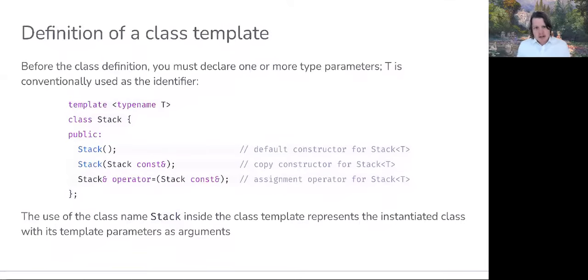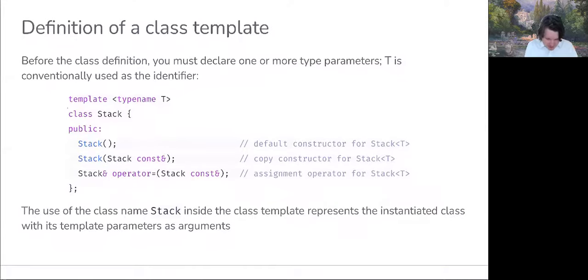So, definition of a class template. Before the class definition, so this is our class definition, if you recall, in order to declare a class template, we're going to have to declare one or more type parameters. T is conventionally used as the identifier. Here we can see that keyword template again, which is announcing to the compiler that what's to come is a template from which we'll be able to derive types, and to expect a single type argument upon the construction of a concrete stack.